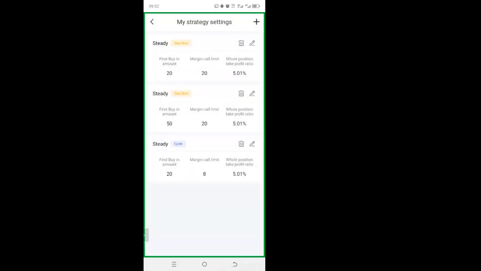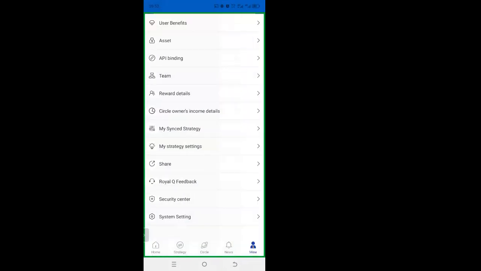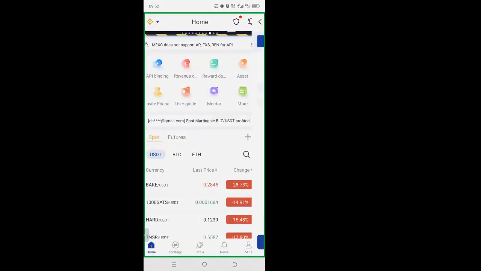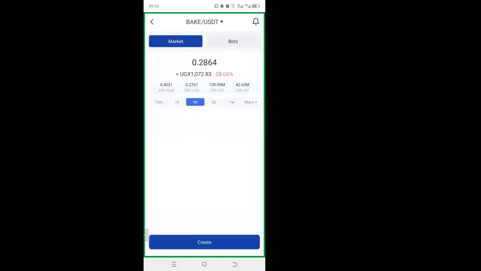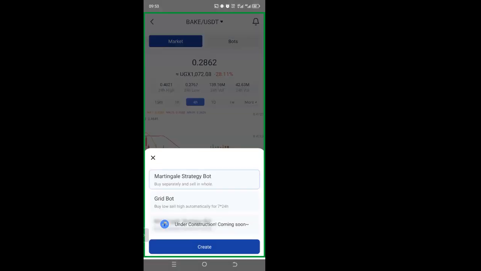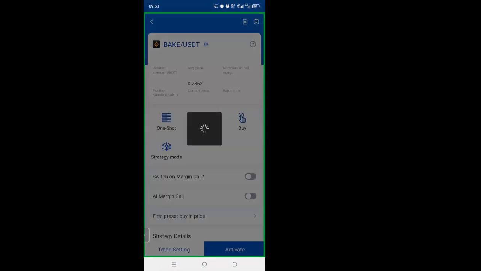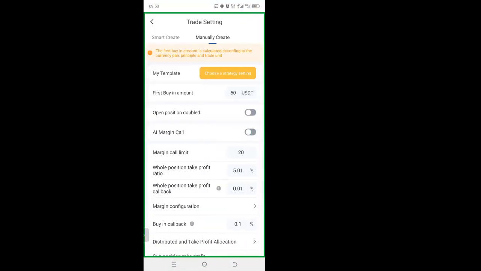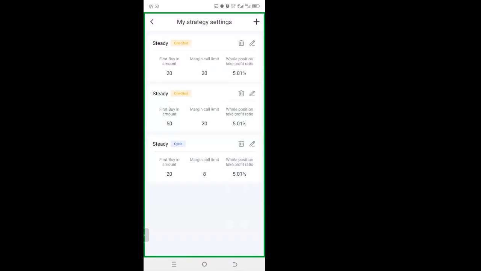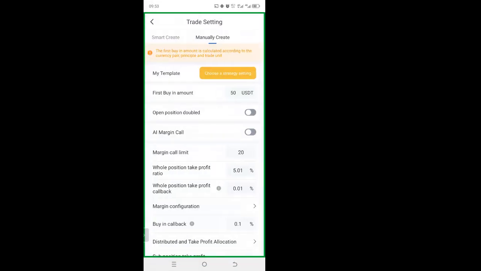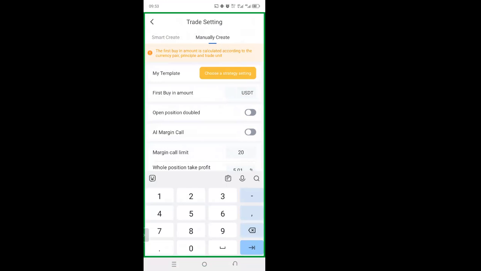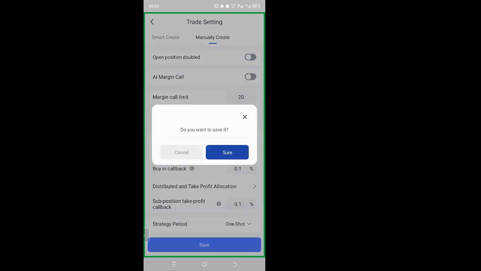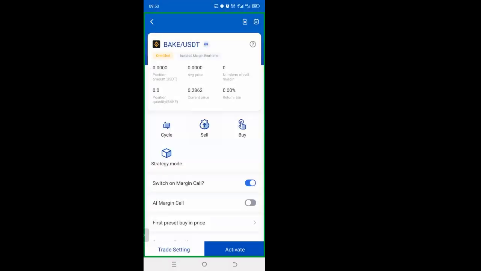Now, let's assume they have told you to trade back. You only come here, create, martingale, choose a strategy, just apply this, okay? Now, here, you will put your 400. When you put your 400, save here, start your robot immediately.